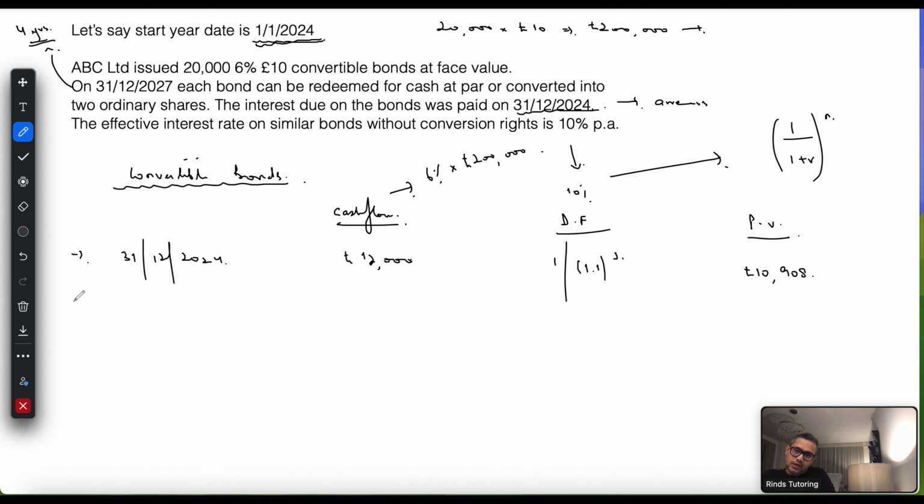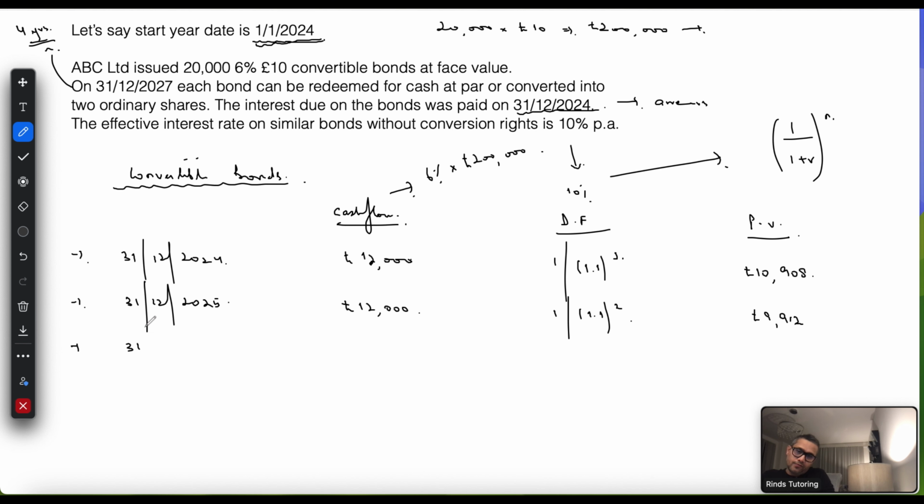So year 1 is done. Year 2, 31st of the 12th, 2025, again your coupon is 12,000. Discount factor 1 over 1.1 to the power of 2. Discount factor times 12,000 will give you 9,912.